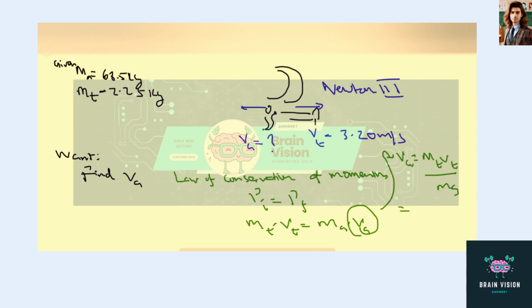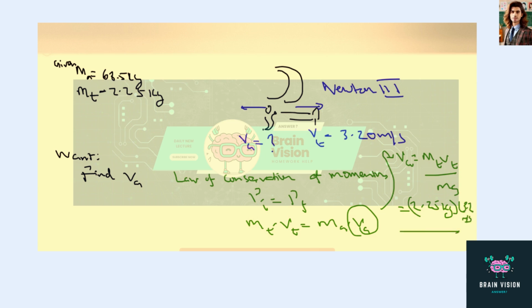We plug in the numbers. The mass of the tool is 2.25 kilograms, and the velocity of the tool is 3.2 meters per second.